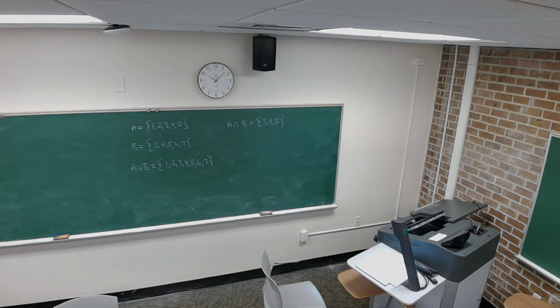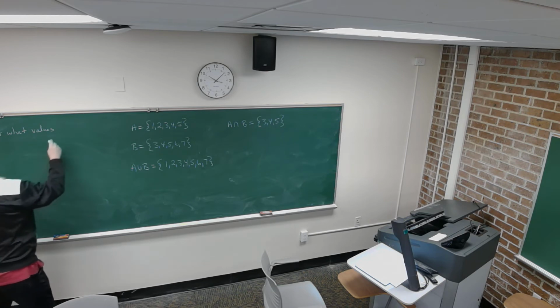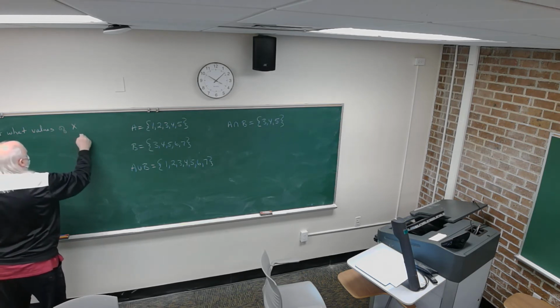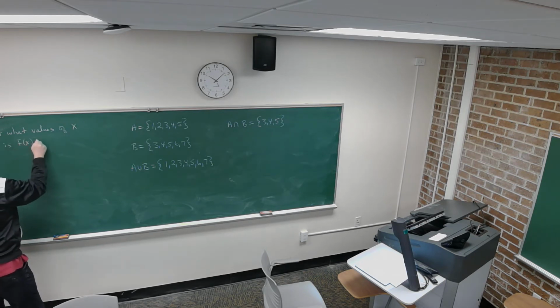So we have to use the graph of this function to solve the inequality f of x is greater than 0. What it's asking is: for what values of x is f of x greater than 0?